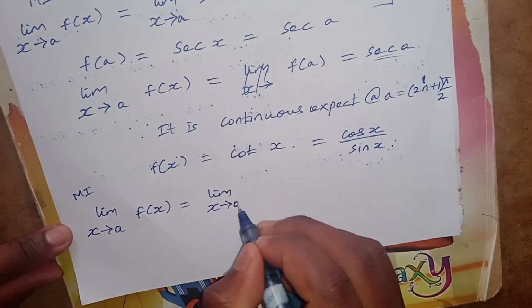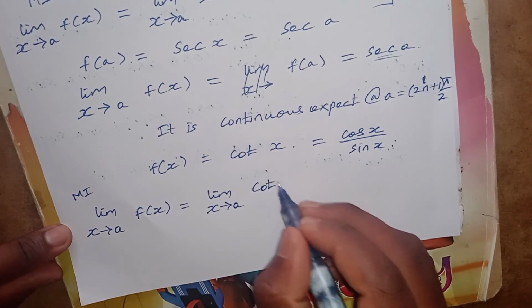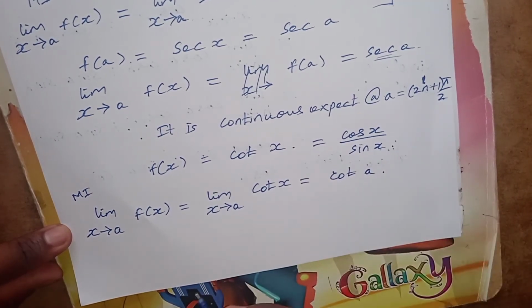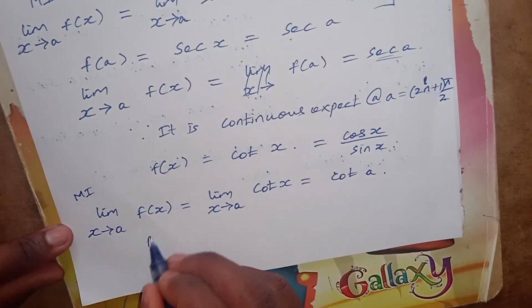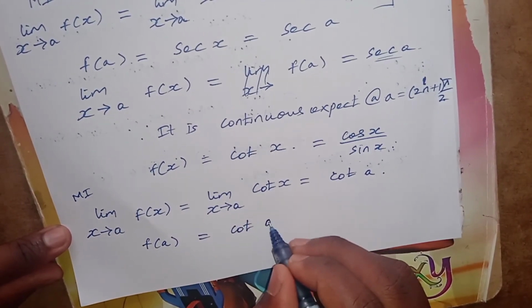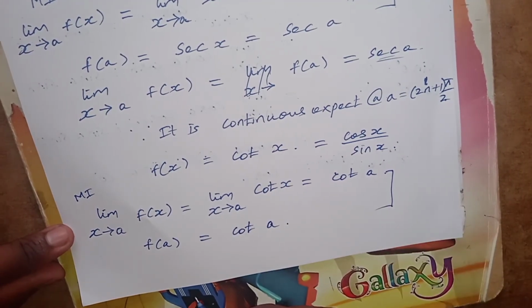to a. In the place of f of x, here I want to substitute cot x. Therefore, here it is cot a. Okay, similarly f of a is equal to cot a. Okay, therefore here it is equal.